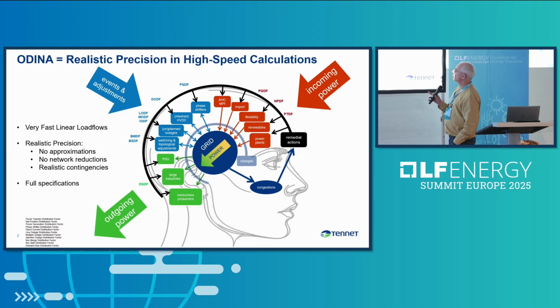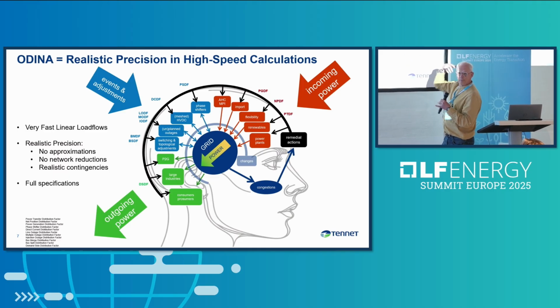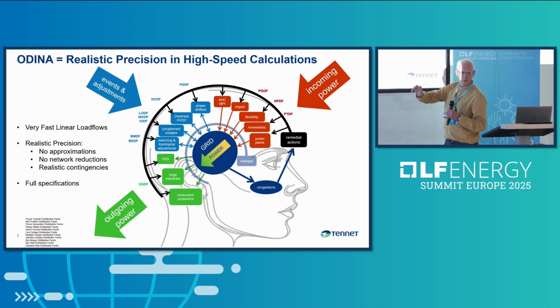So we make some adjustments, put in some incoming power, outgoing power, and calculate the load flow. Then we export exactly that situation to PowerFactory, calculate the DC load flow there, and compare the results. Our goal is to get exactly the same results up to 4 decimals.